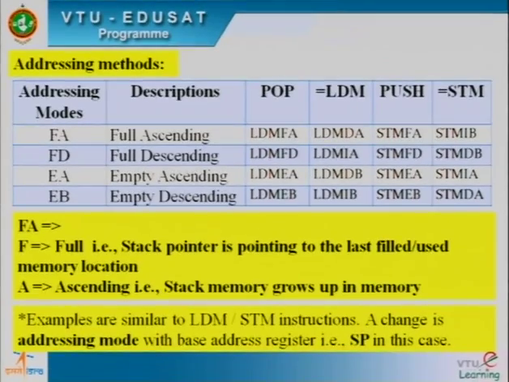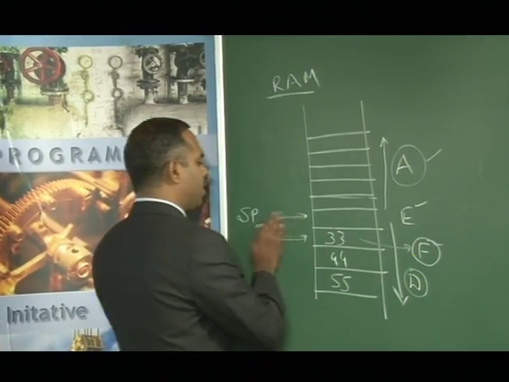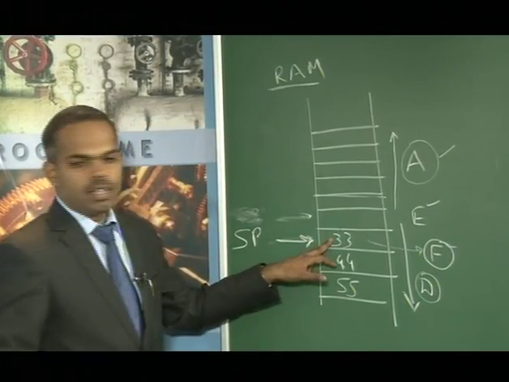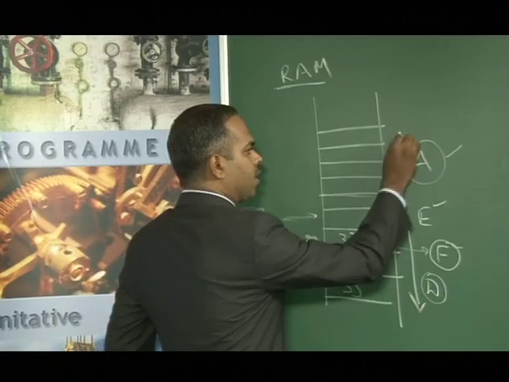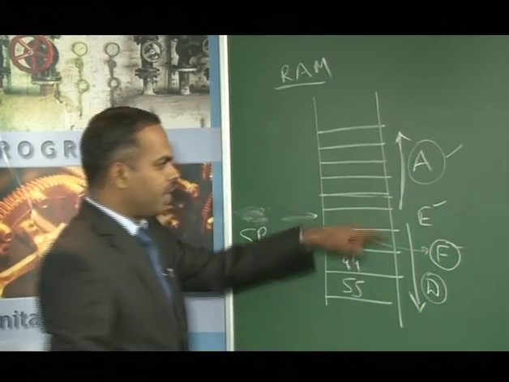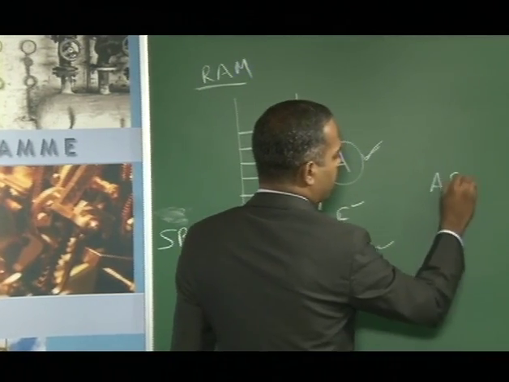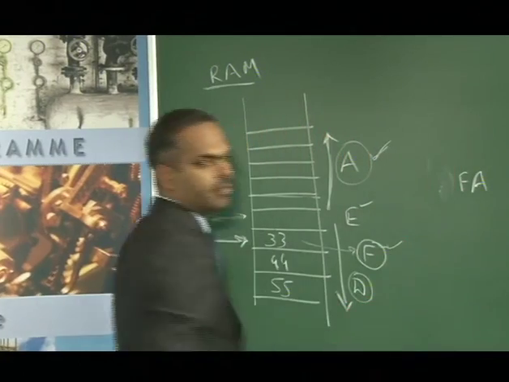This is what we discussed with respect to the blackboard. The stack memory addressing mode full ascending means the stack pointer is pointing to the last filled memory location, and the stack memory is ascending, growing up. So it is a combination of ascending and full. That is why it is full ascending, FA.